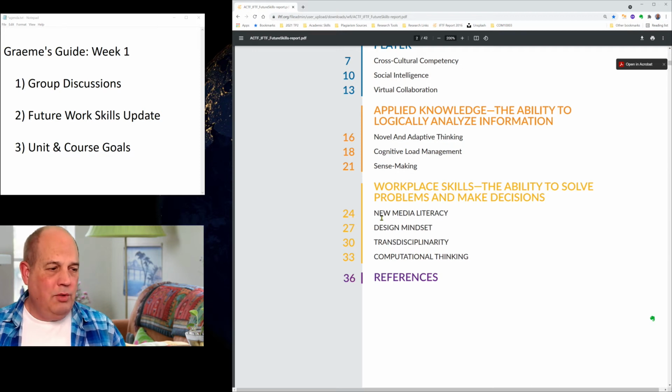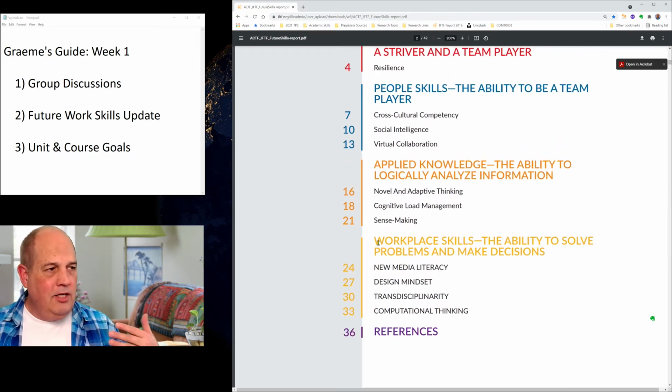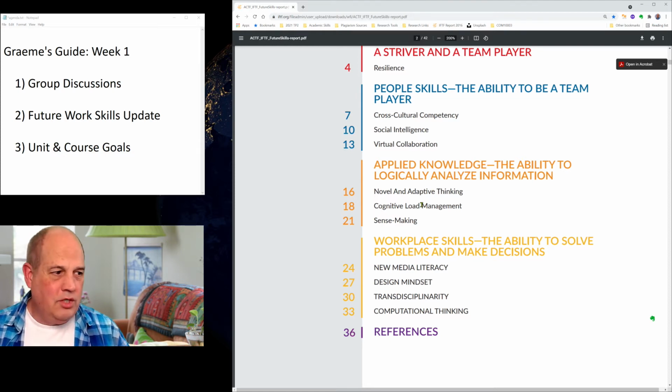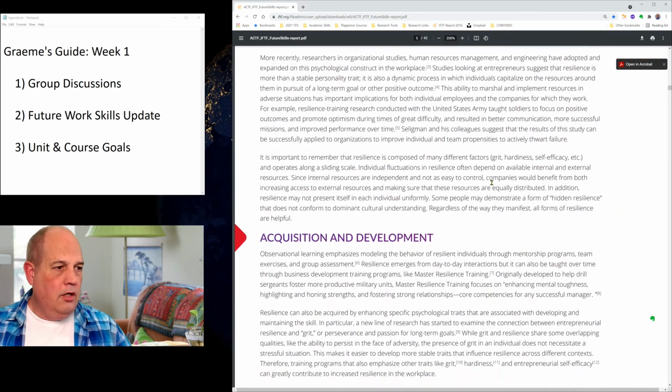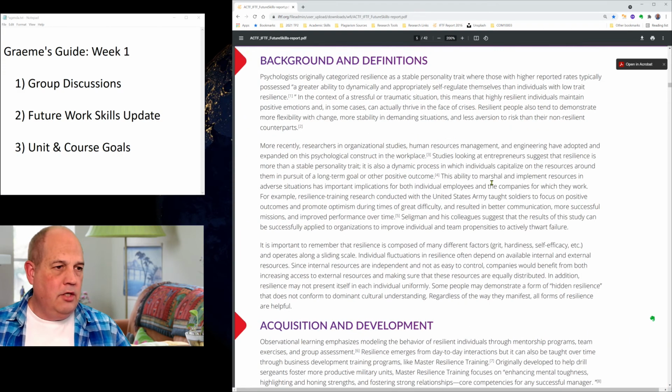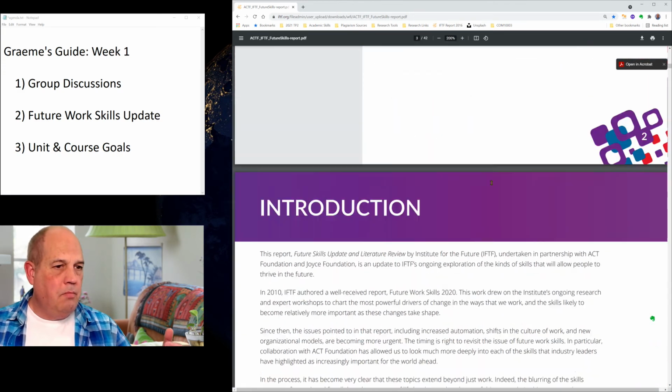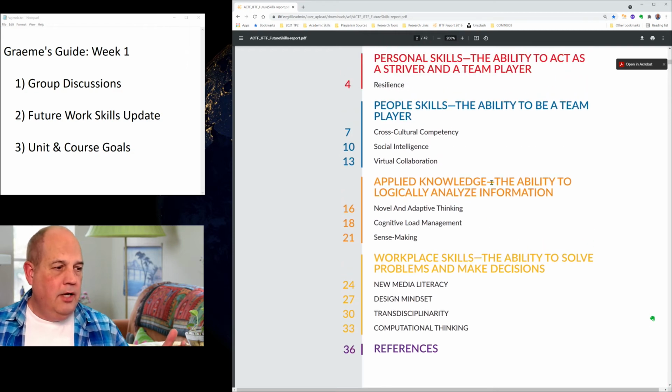These are workplace skills. So I really liked the way that this updated article talks about the future work skills, and this goes on. It's quite a long article. It's very good, so I recommend you read it and have a look at it.